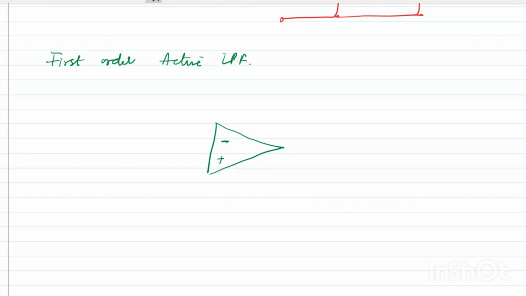Now I am going to the first order active low pass filter, जो तुम्हारे सिलेबस में है. अभी तुमको फिल्टर थोड़ा क्लियर हुआ है. फर्स्ट ऑर्डर एक्टिव लो पास फिल्टर, ये पैसिव पढ़ा आपने. सो एक्टिव में हमारा ऑप-एम्प आ जाएगा. ओके, देन यू हैव 2 resistors RF and R1.